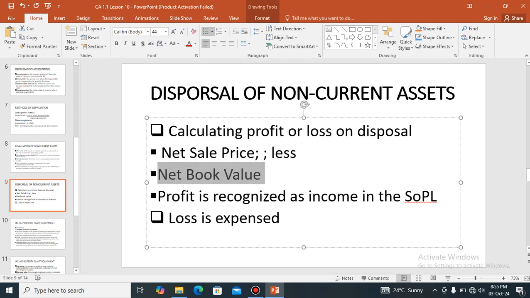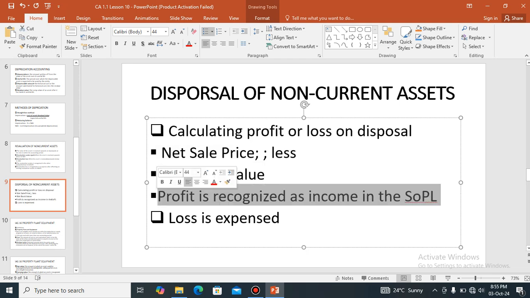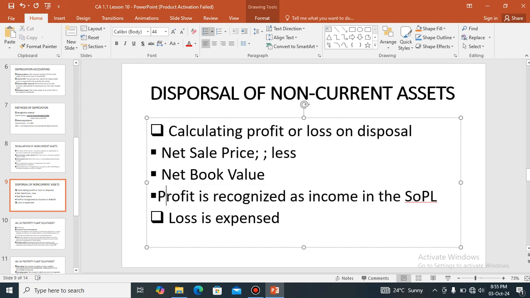Yeah, that's the proper way we can calculate the profit or loss. Then if the net sale price is above the net book value, we're going to have a profit. If it's less, then we're going to have a loss.